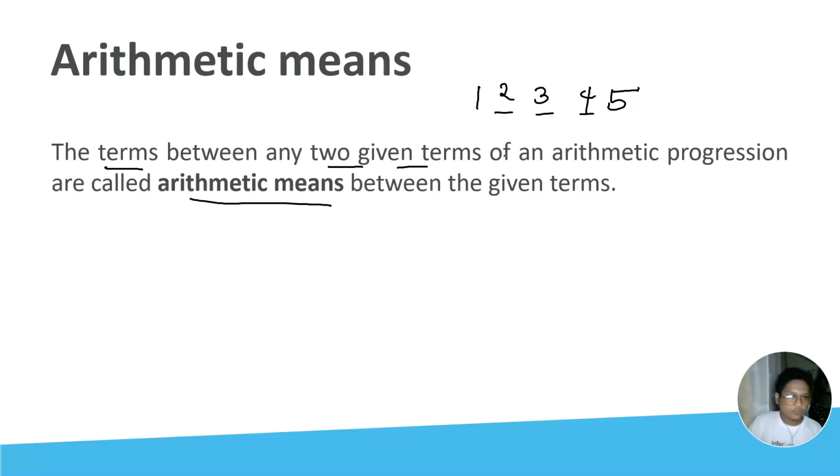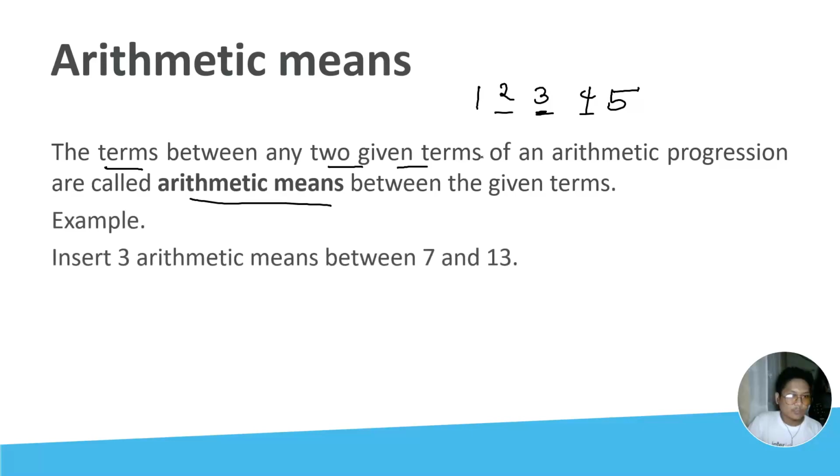So, paano ngayon kung yun yung mga pinapahanap sa isang arithmetic progression? Okay, the terms between the two given terms. So, dito, example, hanapin natin yung tatlong arithmetic mean sa arithmetic progression ng 7 and 13.